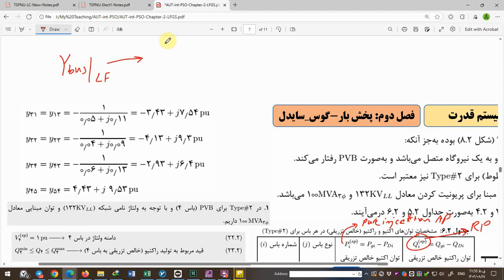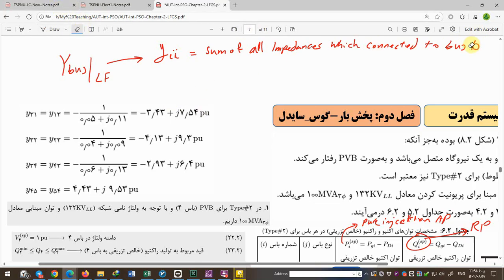In the diagonal part of the matrix, which is Yii, you have to invert the Z, which is located to the sum of all impedances connected to bus number i.